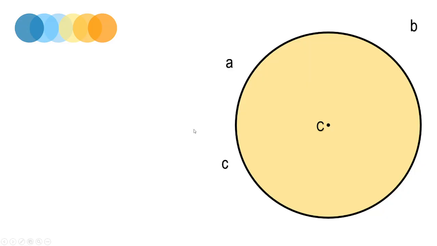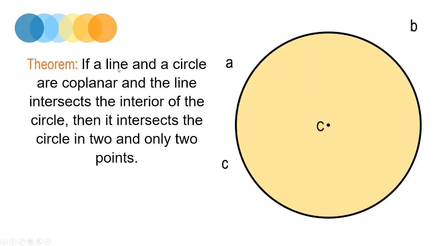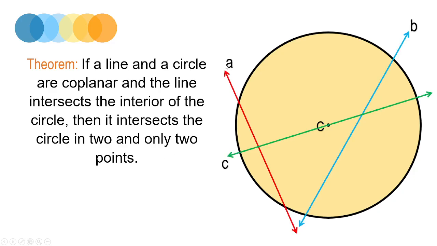Now let's proceed with the fourth. According to the fourth theorem, if a line and a circle are coplanar and the line intersects the interior of the circle, then it intersects the circle in two and only two points. You have line A, red, line C, green, and line B, blue. As you see, these lines pass through the interior, right?